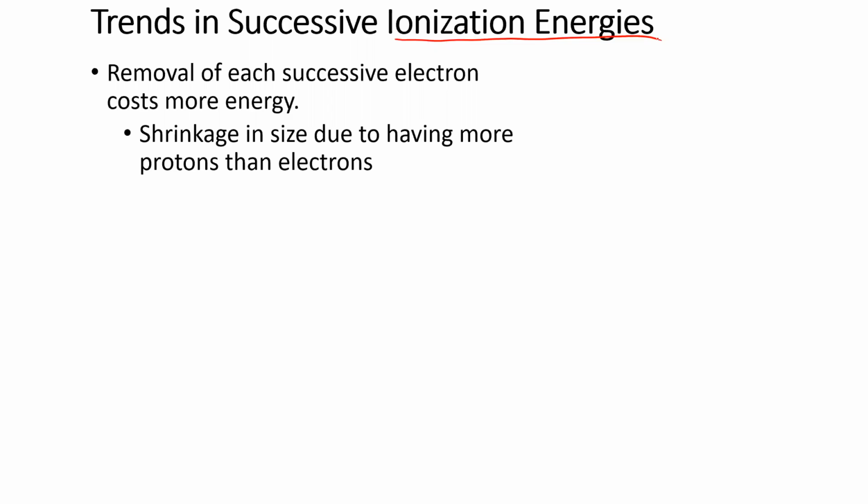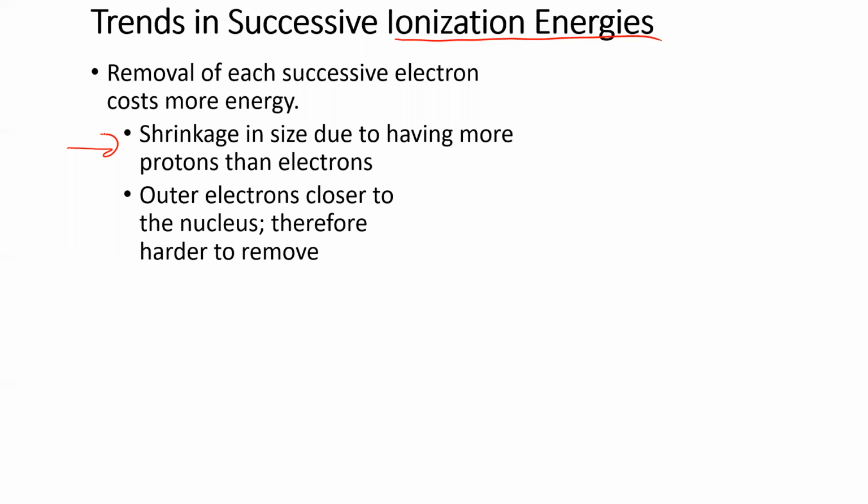Well, you can think of it as the overall species from which you're removing electrons begins to contract, because the number of protons is going to start outnumbering the electrons and they're going to have a greater pull. So there's going to be an overall shrinkage in size, and now the electrons that remain are closer to the nucleus, and according to Coulomb's law, it's harder to pull them apart.